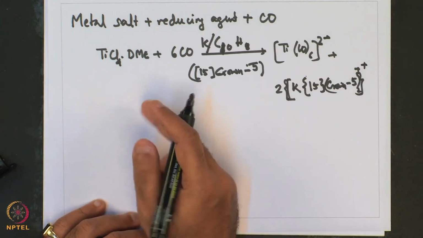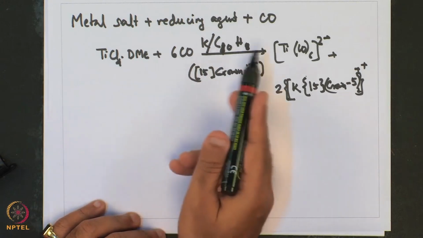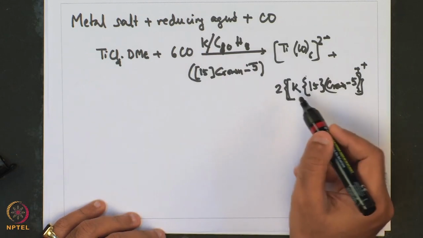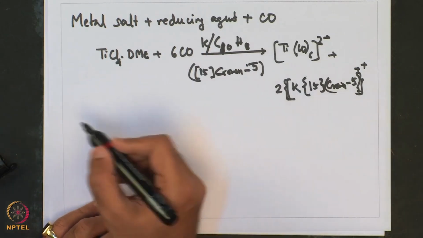So, here is a reaction where that metal salt is reduced by a reducing agent. The reducing agent is potassium, and then the carbonyl complexes of the same is obtained.